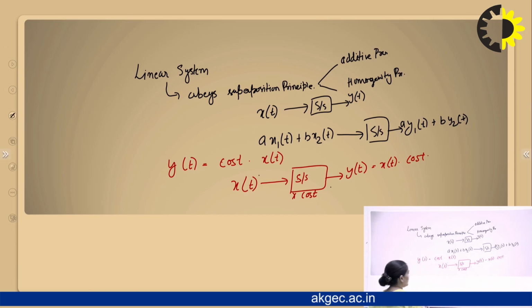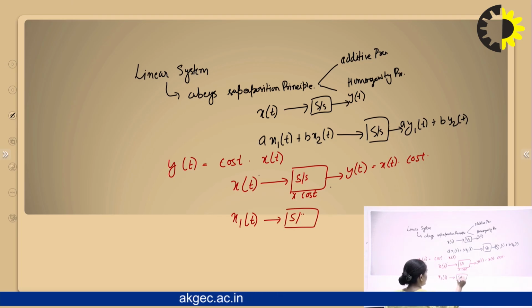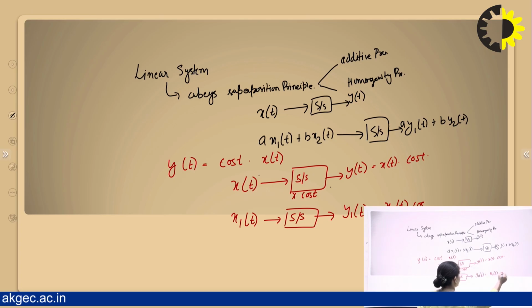Now suppose we give a signal x1(t) to the system and we get y1(t). Obviously y1(t) is x1(t) into cos t.